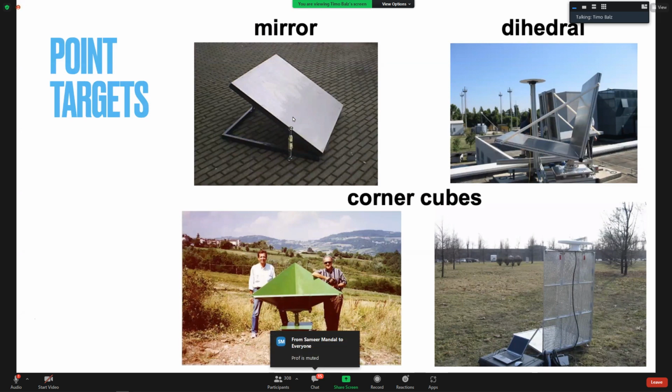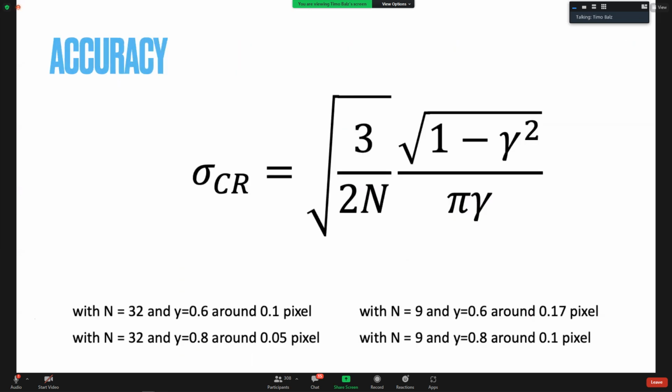Now, we haven't really talked about this yet, but we're going to do similar things in interferometry. Pixel target or pixel offset tracking is suffering from speckle. Lots of the loss of accuracy is actually caused by speckle, and you see we need larger window sizes to get rid of that.